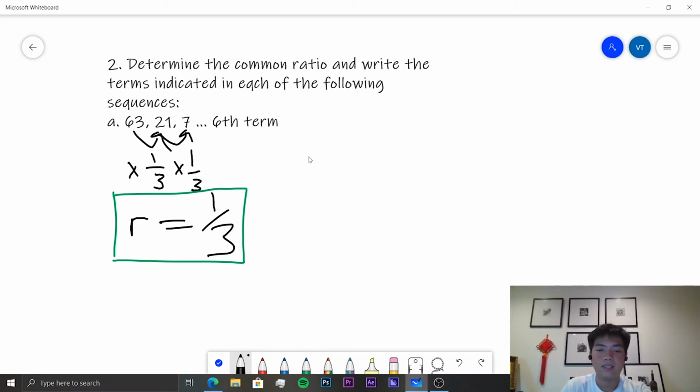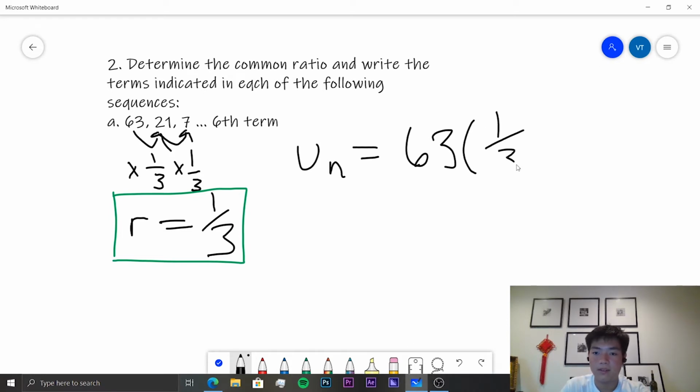And remember, let's just get the general term. So u_n is equal to the first term, 63, times 1/3 to the power of n minus 1. So to get the sixth term, we substitute 6 into here.